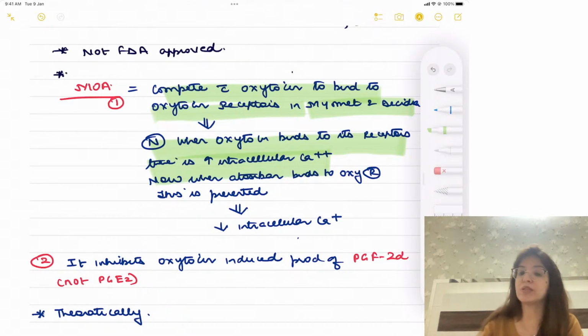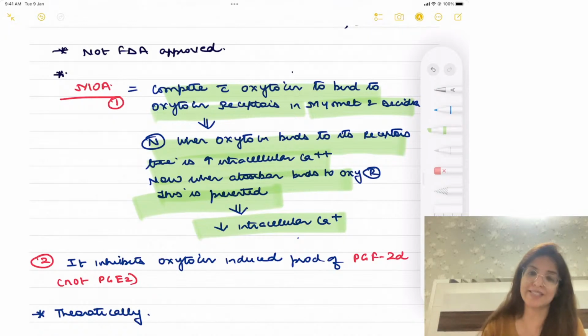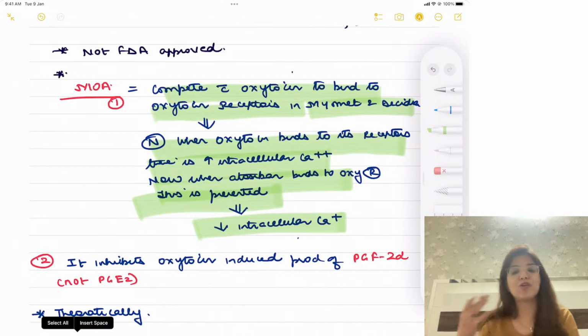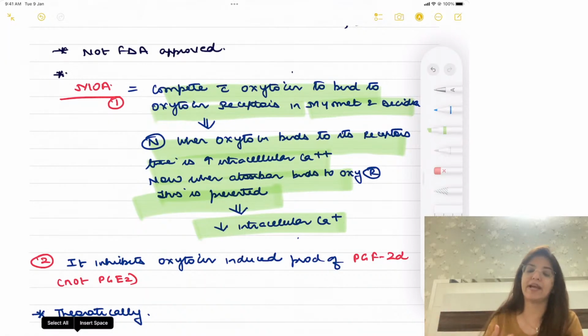Now, because atosiban is not allowing oxytocin to bind to its receptors, the levels of intracellular calcium are going to decrease. And just now I told you that whenever intracellular calcium levels decrease, myosin light chain kinase enzyme is unable to function, and so uterine contractions are inhibited. That's one mechanism by which it acts.